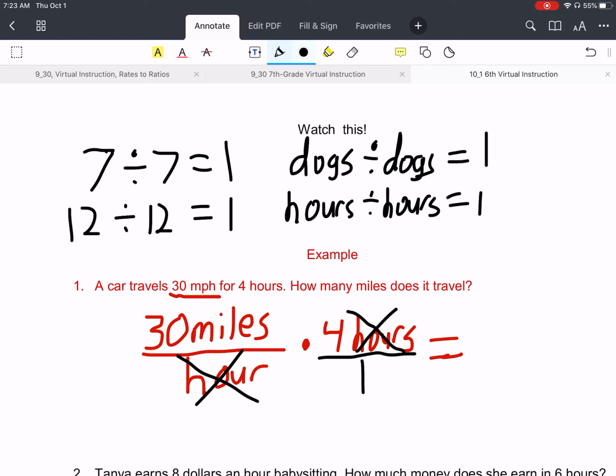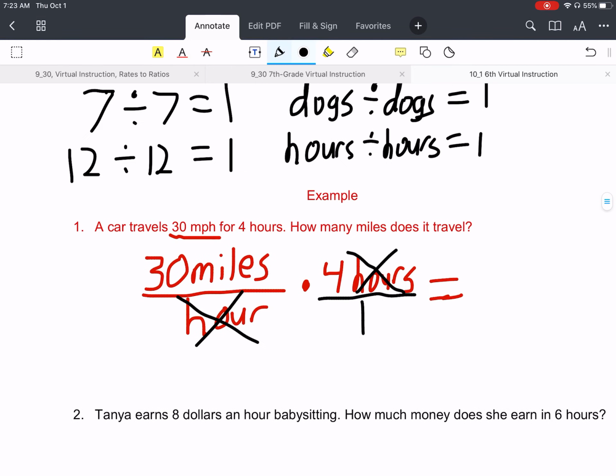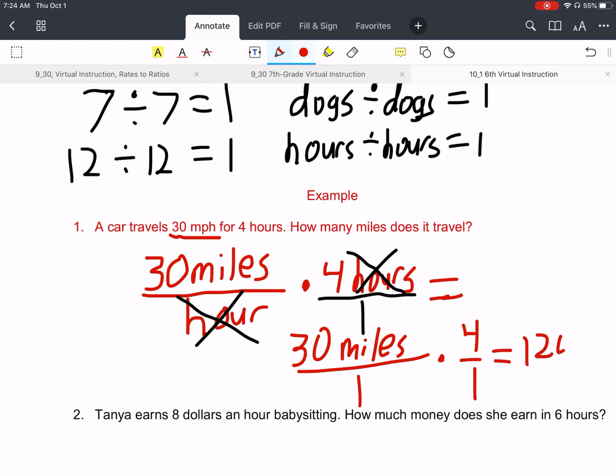Because if we divide hours by hours, that will equal 1. So we could rewrite it and think of it as 30 miles over 1, because hours divided by hours is 1, times 4 over 1. And now we only have one label, and we can still do 30 miles times 4, which would equal 120 miles.